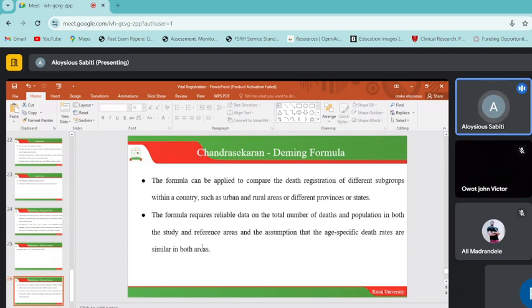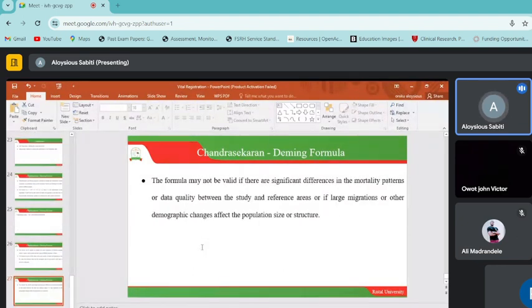The formula requires reliable data on the total number of deaths and population in both the study and the reference areas, and the assumption that the age-specific death rates are similar in both areas. So the assumption here is that the age-specific death rates are similar.